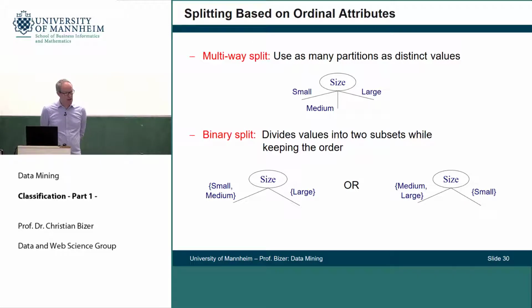Differently with ordinal attributes, if we want to do a binary split, here we need to keep the order of the values, so for size, it makes sense to group small and medium into one bucket and large in the other one, or medium and large in one bucket and small in the other one. Combining small and large does not make sense. So something to consider when defining our splits.